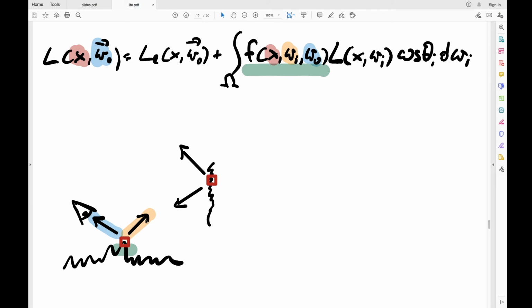This incoming light direction basically prescribes an outgoing light direction, that is, a reflected direction from another surface. When light falls onto the surface right here, that means it has to come from somewhere else, right? And light can be reflected off of other surfaces, like this surface here, right?